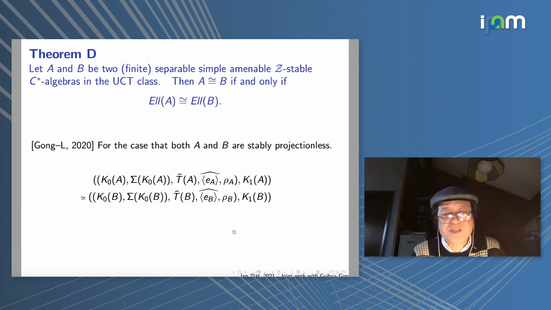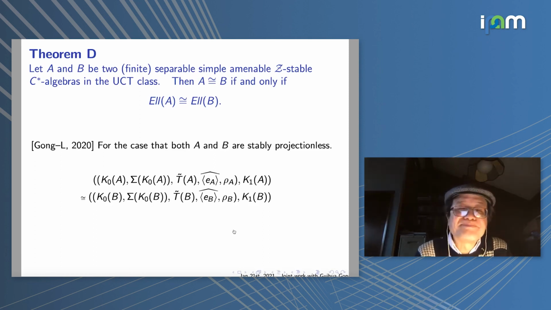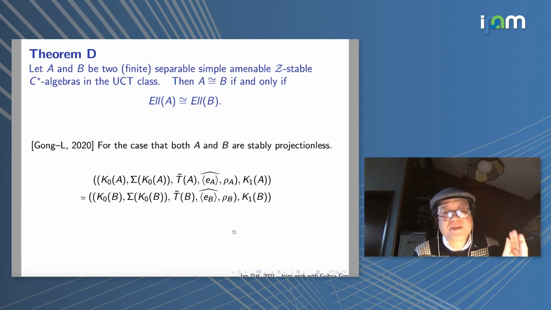Of course, it's not really new. It was already predicted by Elliott, and we just refine it. So this is the isomorphism theorem. So we have a description of the invariant, which basically gives you restriction, and then you have the range theorem, and then the isomorphism theorem. I think I will stop here.